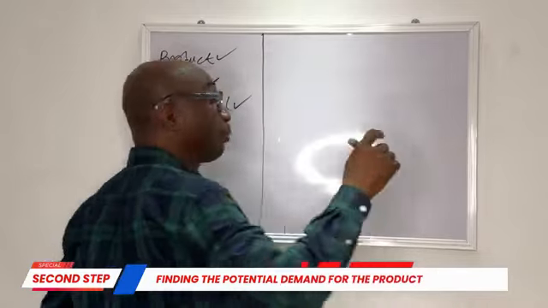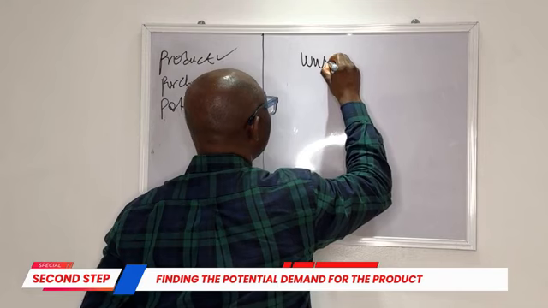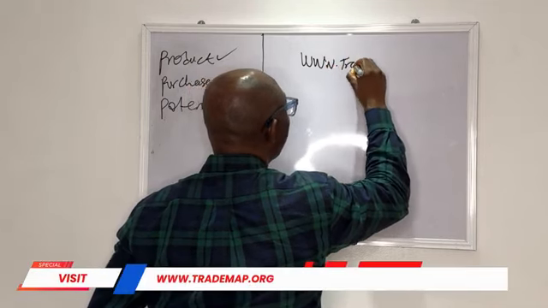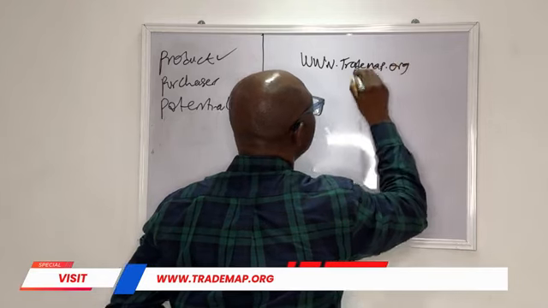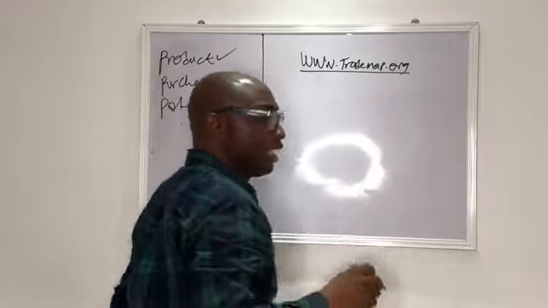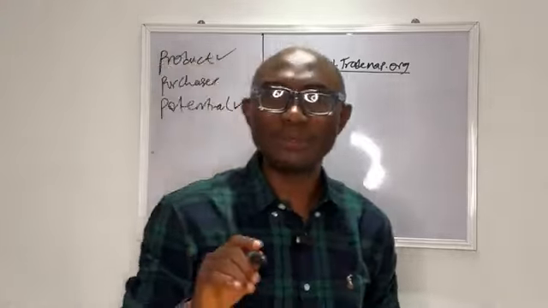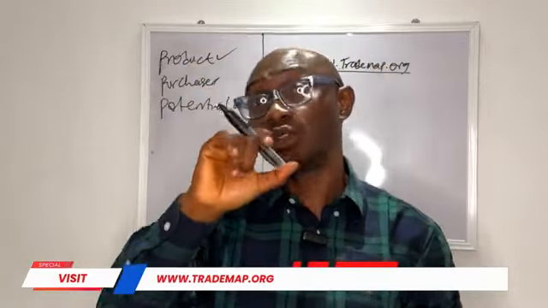Now, when you determine the potential, if you want to know where to find the potential of your product, visit trademap.org. If you go to trademap.org, there are videos on YouTube that can show you how to use the website.